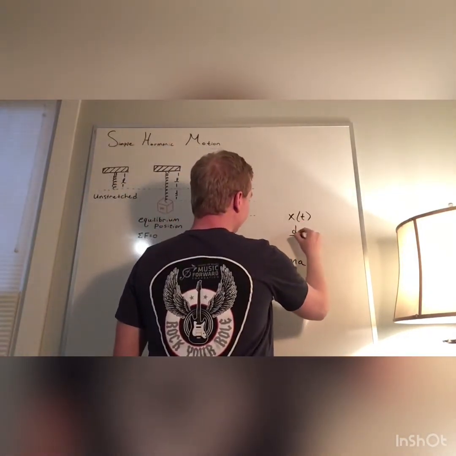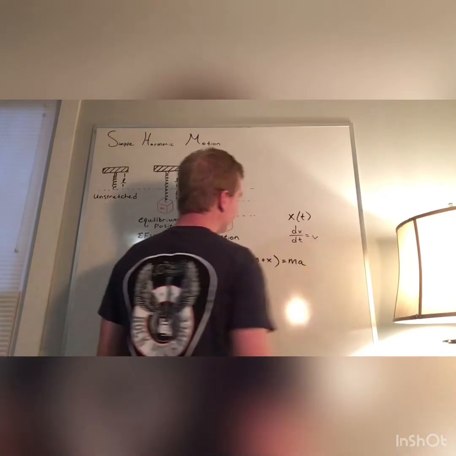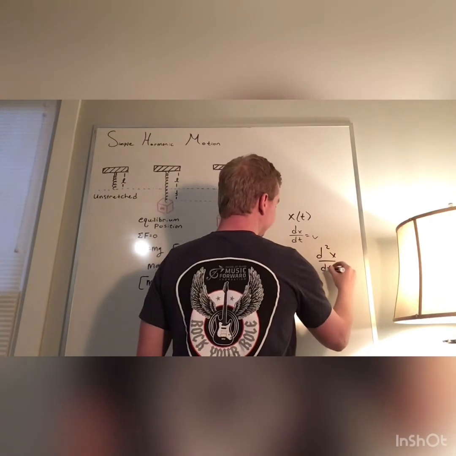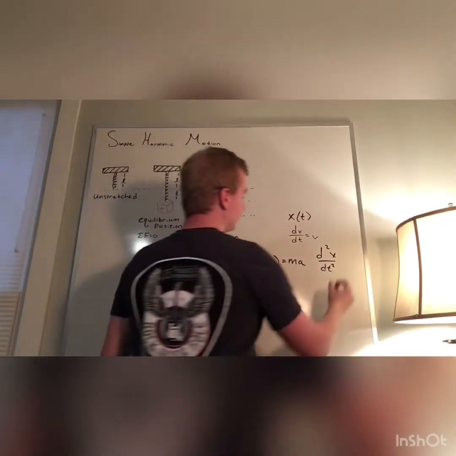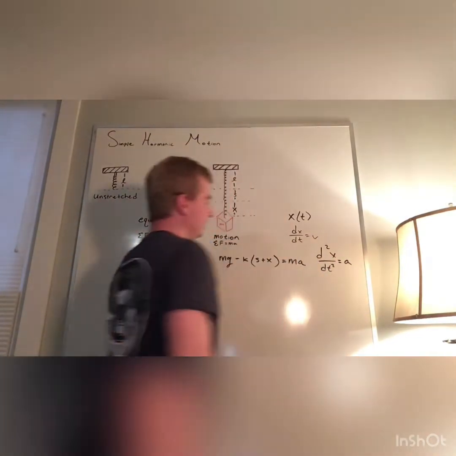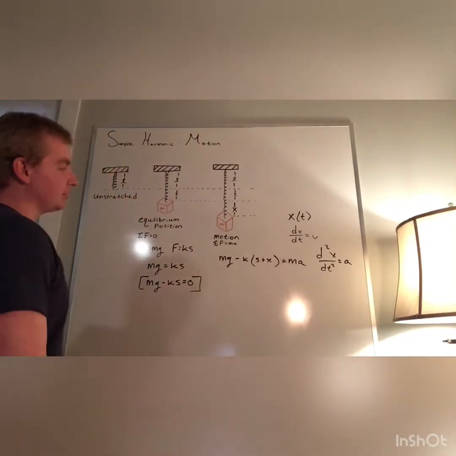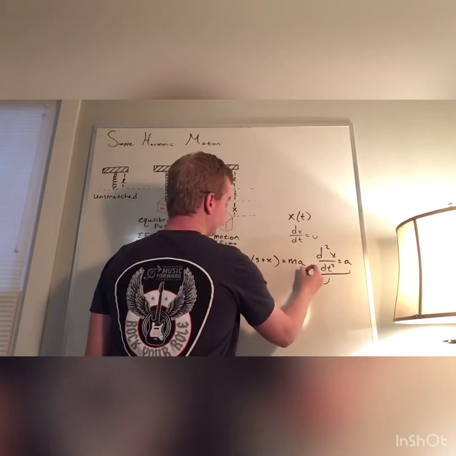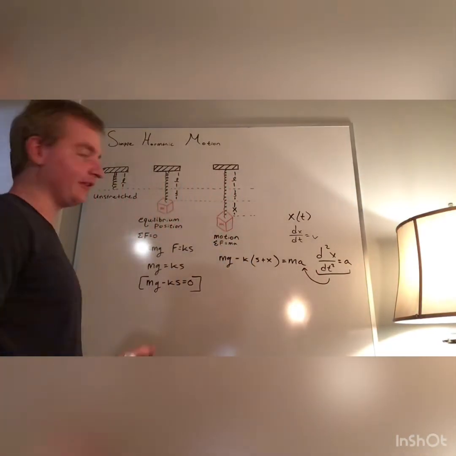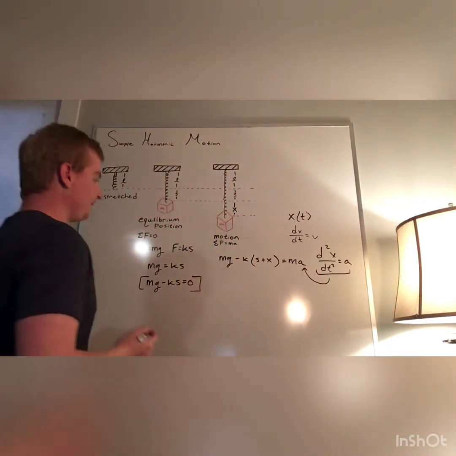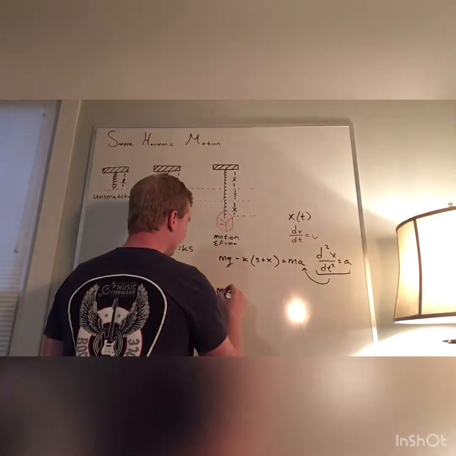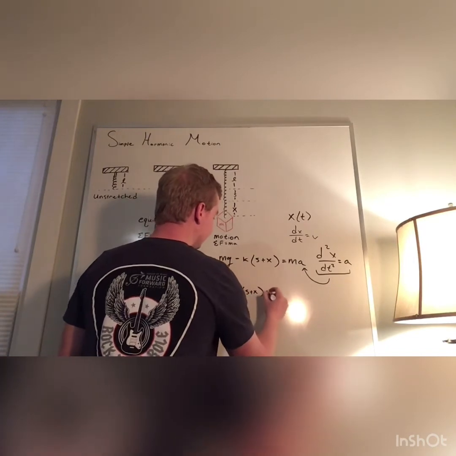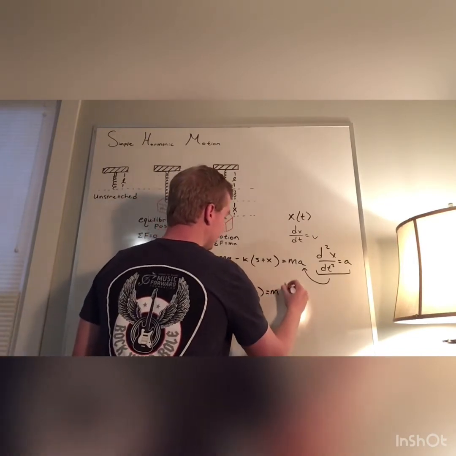The derivative of that position is going to be velocity, and the second derivative of the position is going to be equal to the acceleration. So what we're going to do is substitute this second derivative into the acceleration right there. So let's go ahead and do that. We have mg minus k times s plus x equal to m times that second derivative.